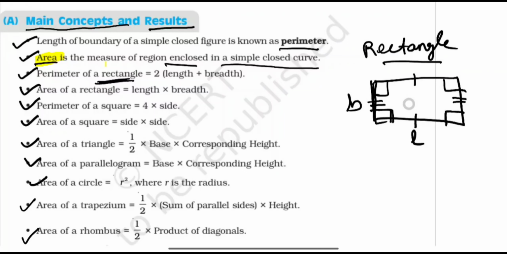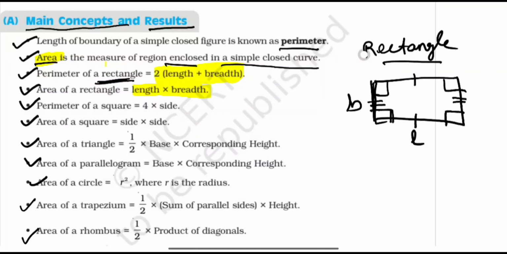So what should be the formula? The perimeter formula of a rectangle will be 2 into (length plus breadth). Clear? So what is the area of a rectangle? Length into breadth. We are just revising it, that's why I am going at a higher speed.